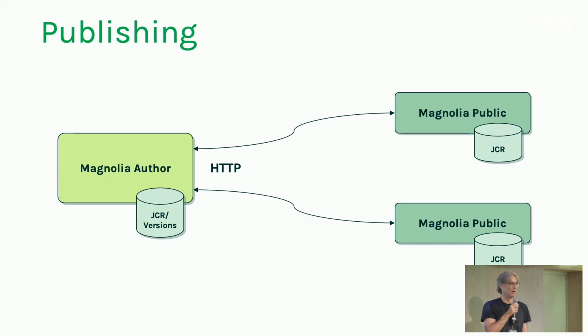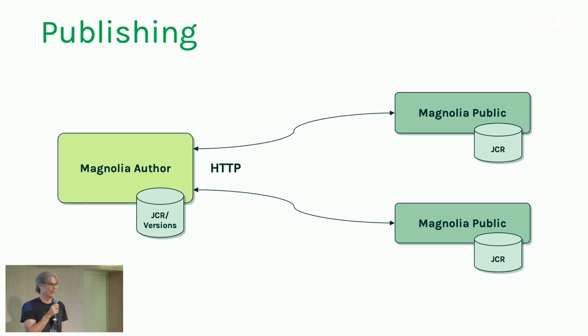This is how publishing currently looks in your instance. It's quite simple, actually. On the left side, you see a Magnolia author instance connected via HTTP to Magnolia public instances.